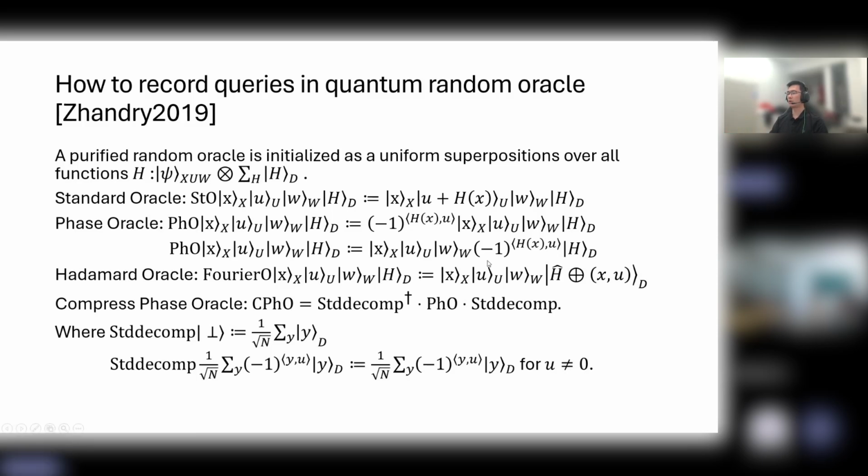So if you view the oracle register in the Fourier basis or in the Hadamard basis in the setting of inner product, what you get is what we call a Fourier oracle. By the way, I use this Fourier oracle because this is like an F2 Fourier oracle. In this oracle, each time you query the oracle, you are actually writing U on the x position. You are XORing this U on the x position.